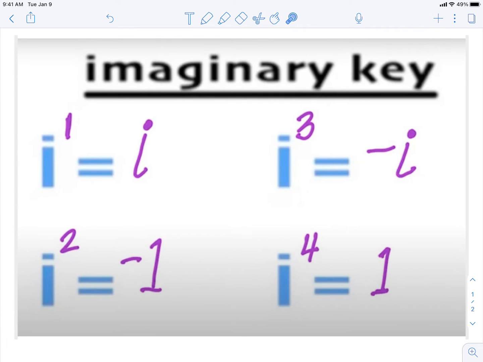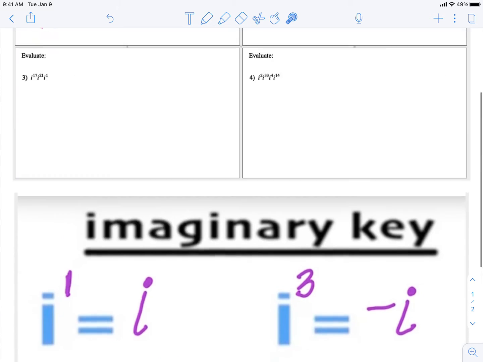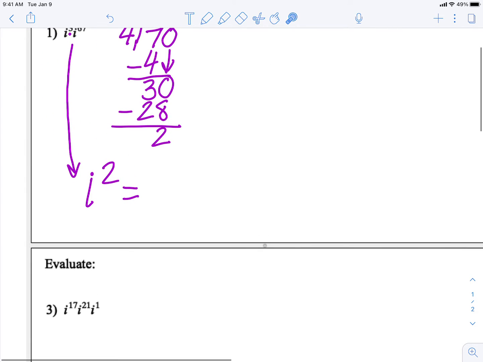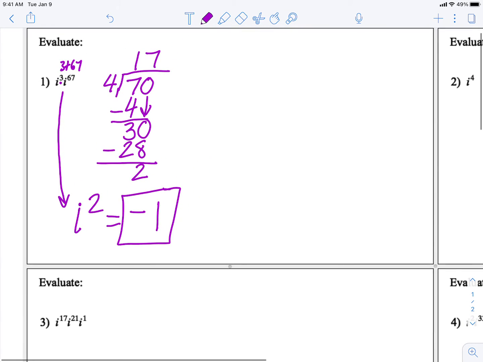So i to the power of 2 is equal to -1. So this answer here is -1. And this is my solution. I have evaluated number 1. These two equal -1. There we go. Simple as that.